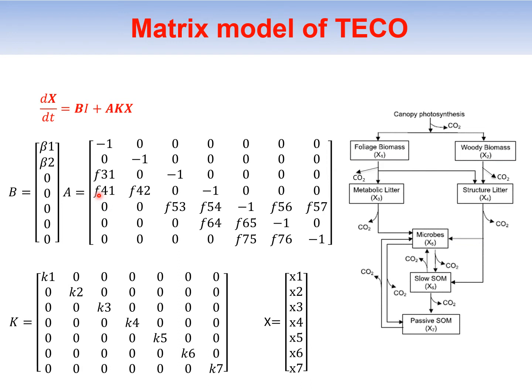For example, here a41 in the first column and fourth row tells us that there is carbon flux that is transferred from the first carbon pool, here the foliage, to the fourth carbon pool, the structure litter carbon pool. Actually, all of those transfers in this carbon flow diagram are mapped in this A matrix.